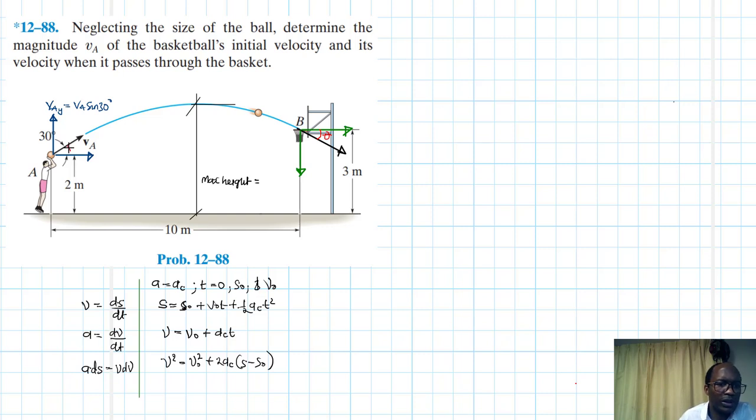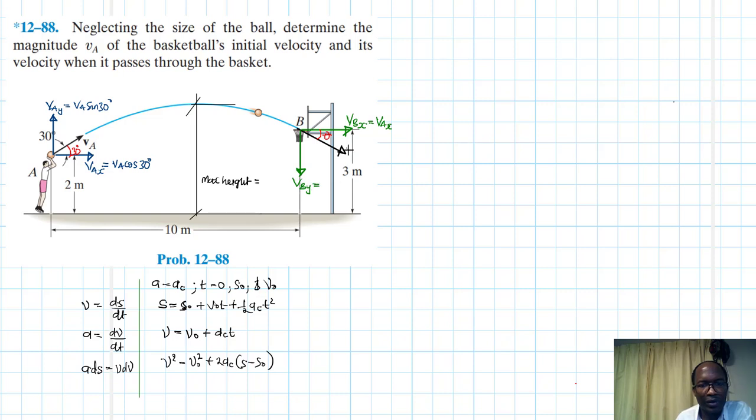Of course this one is 30 degrees, and then we have this one, VAX, which is equal to VA cos 30, and this is VBX, which we are going to show is equal to VAX, and then this one is VBY.